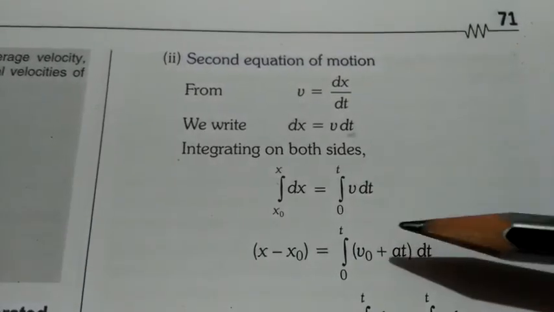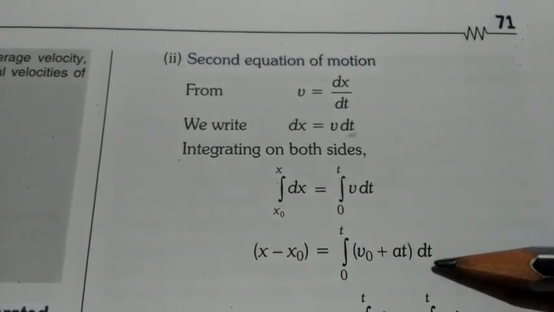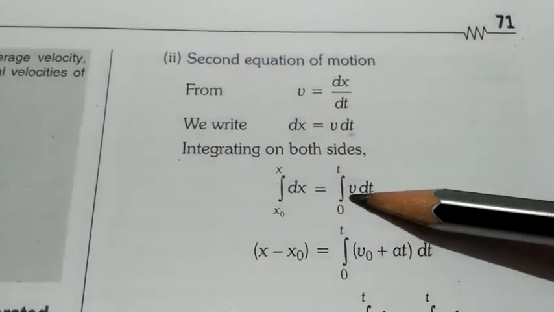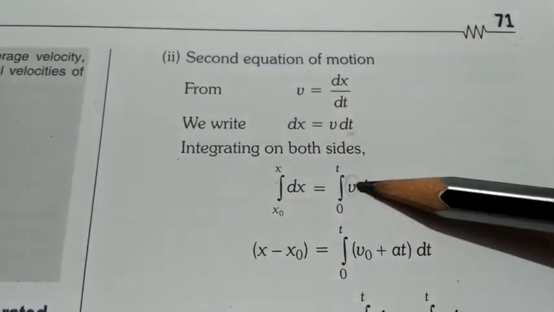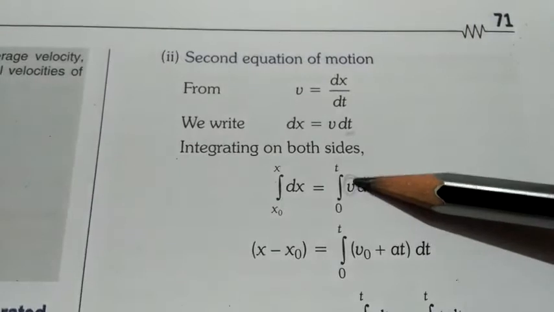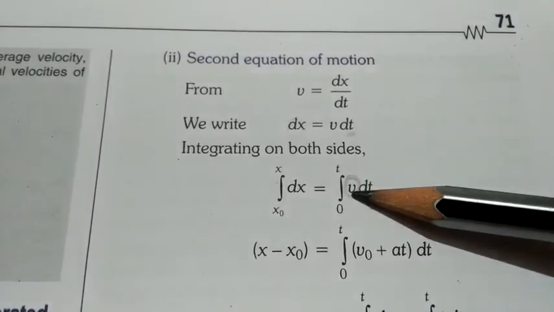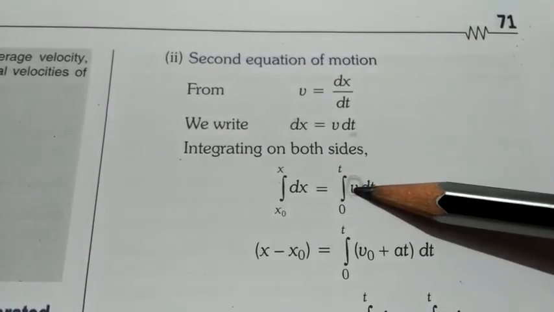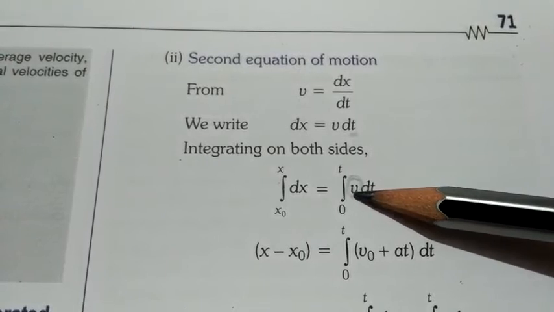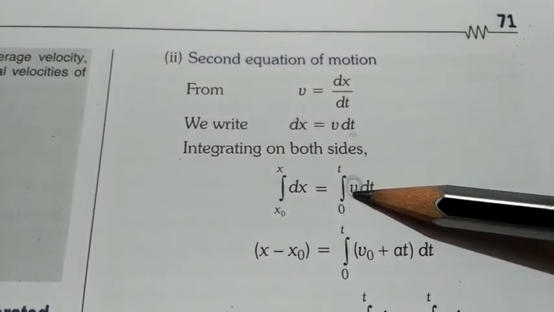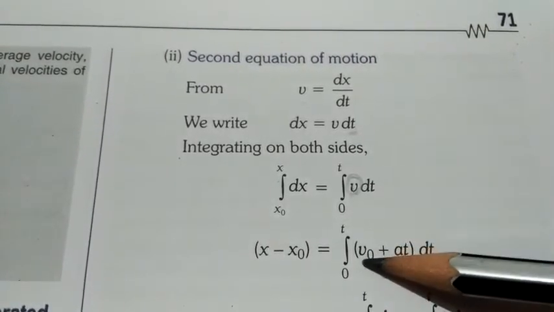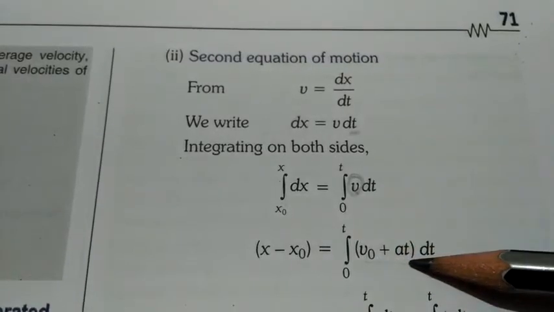Now one thing will be different here: in place of v, we will put the value of v from the first equation of motion. In the first equation of motion, v equals vo plus at. So we put vo plus at here.